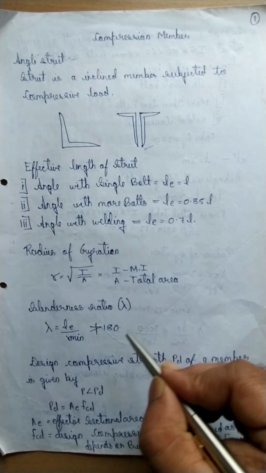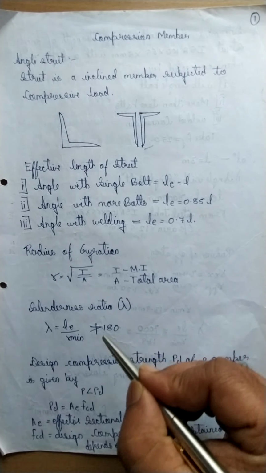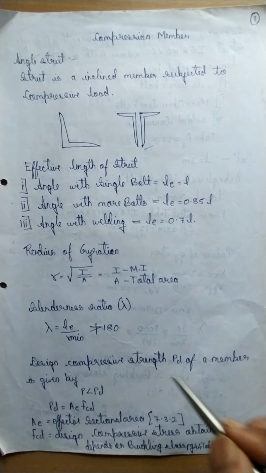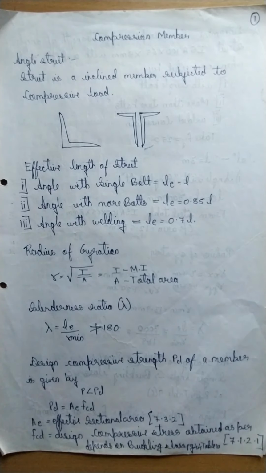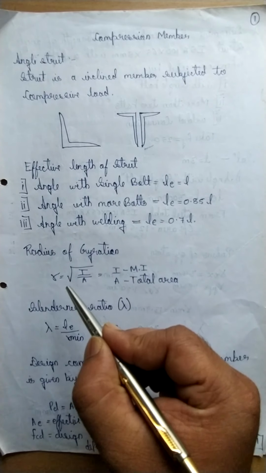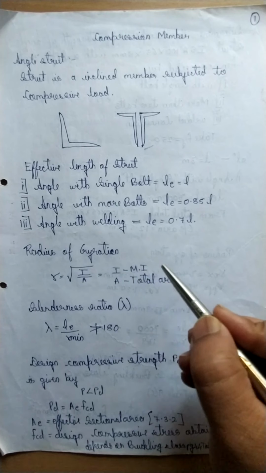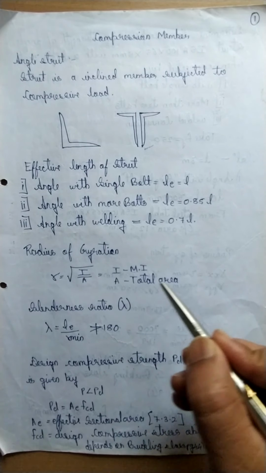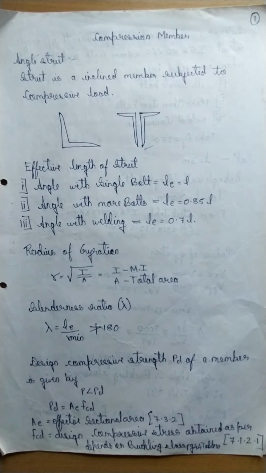We have already seen in the design of tension members that it should not be greater than 180, as per the provision given in the IS code. The radius of gyration is given by root of I by A, where I is the moment of inertia and A is the total area.